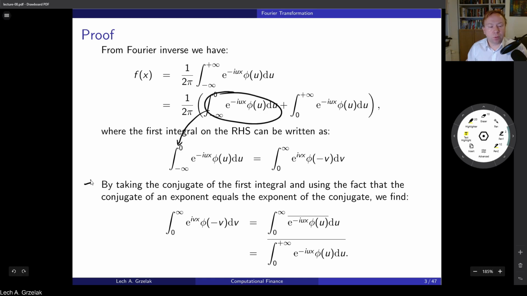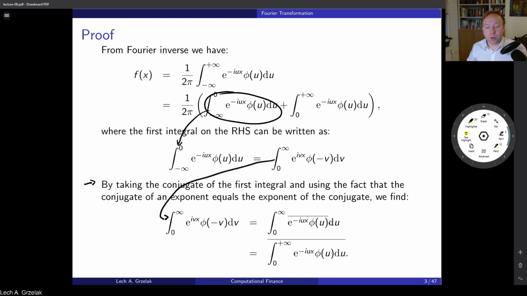Now we have to note the following. By taking the conjugate of the first integral, which is an operation we use when we talk about complex numbers, and using the fact that the conjugate of an exponent equals the exponent of the conjugate, we find the following. The integral is essentially a summation, so the conjugate of a sum is the sum of the conjugates. The conjugate only changes the minus sign in front of the first exponent, and then we have phi, the characteristic function of u.